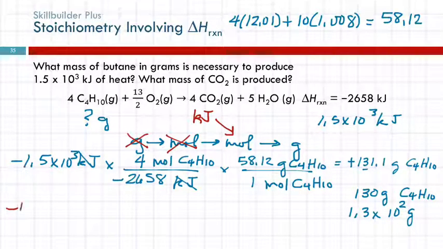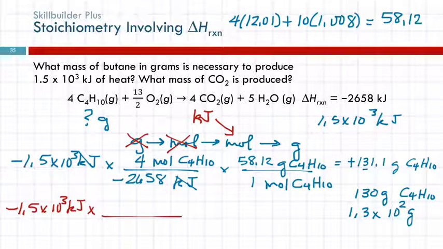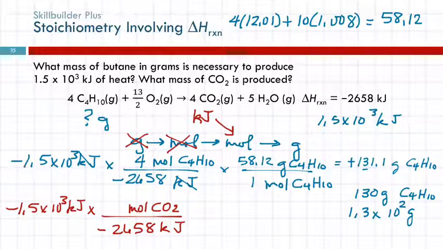So starting again with the negative 1.5 times 10 to the 3rd kilojoules, this time asking about CO2. I'm going to have moles of CO2 on top and the energy on the bottom. How many moles of CO2 are listed here? 4. So it's also 4.